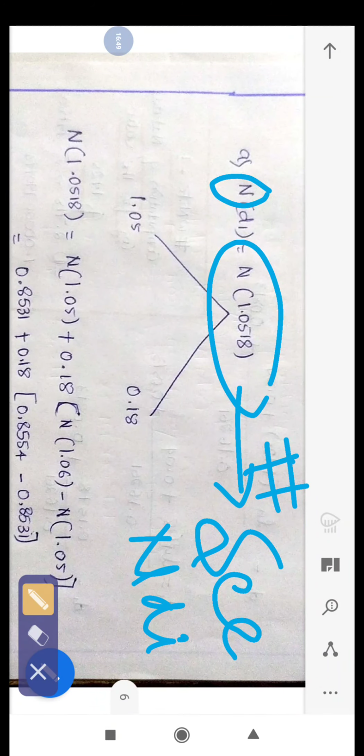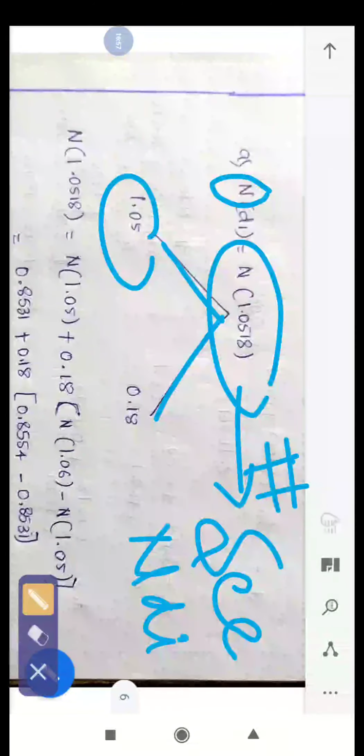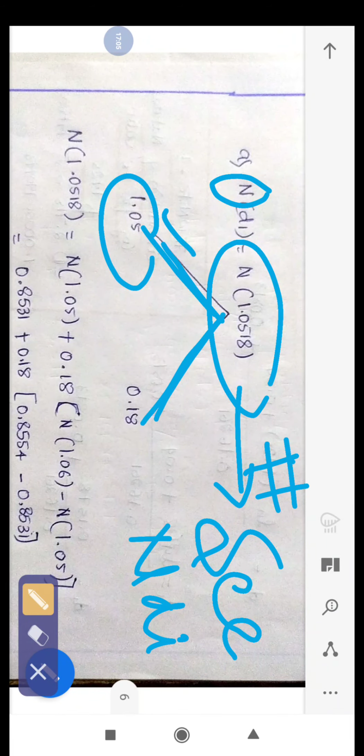So here this value is divided into two parts. Why? Because in the normal distribution table, the values will be given only for two numbers. So here there are four numbers, so we'll divide this number into two parts. So it is 1.05 and the remaining, that is 0.18.